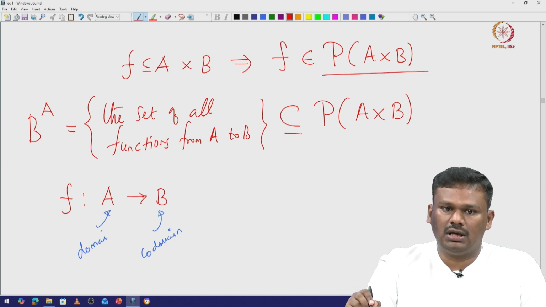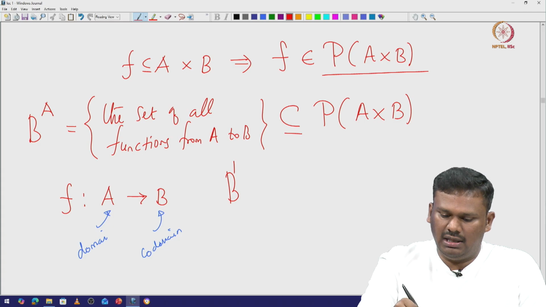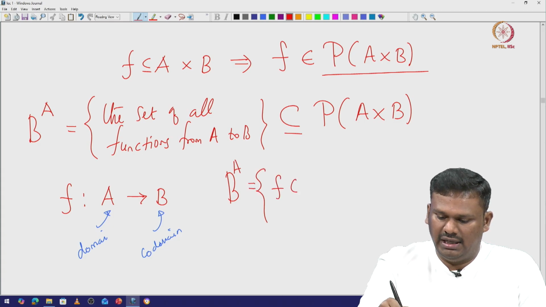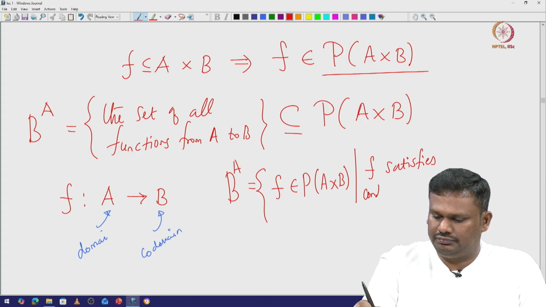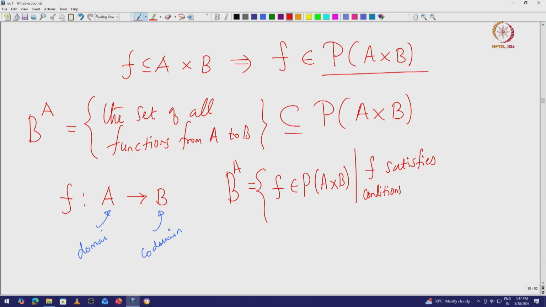Now, this B power A is nothing but those elements f in the power set of A cross B such that f satisfies the conditions 2 and 3.